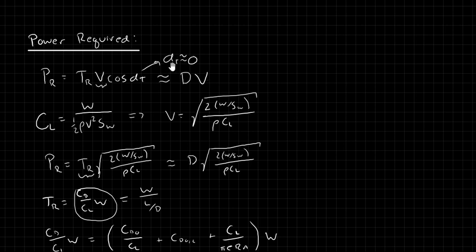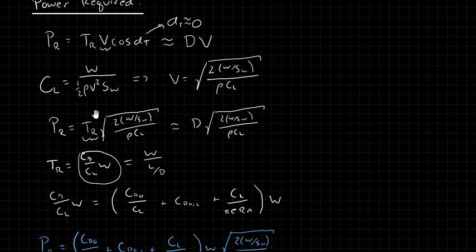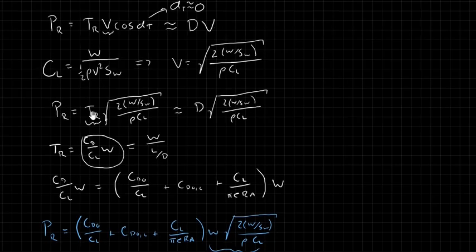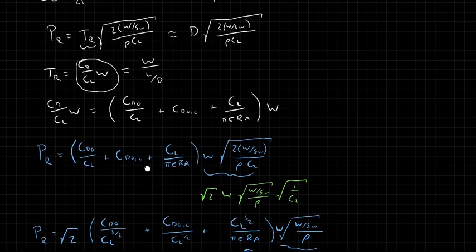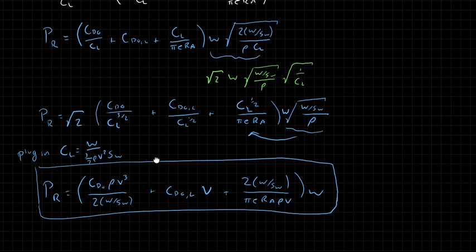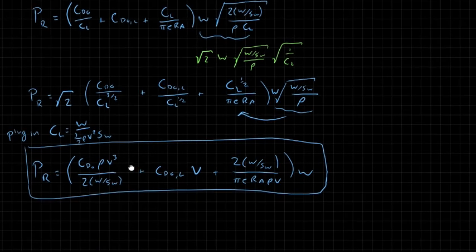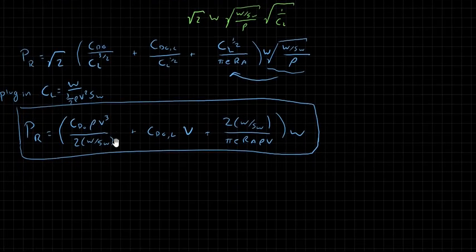But if we assume that the alpha t is close to 0, then we can say that the power required is just the thrust required times velocity, or is close to the drag required, or the drag times the velocity. Okay. So we replace the velocity with something containing the lift coefficient. We replace the thrust required with a known expression. And then we did some simplifications, plugged back in the lift coefficient, and came out with this answer.